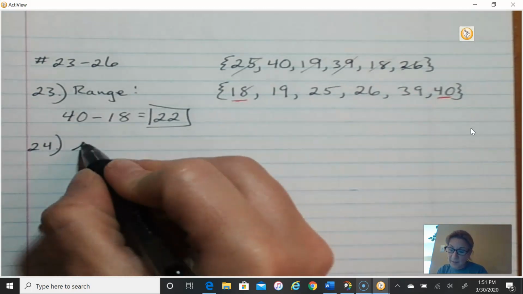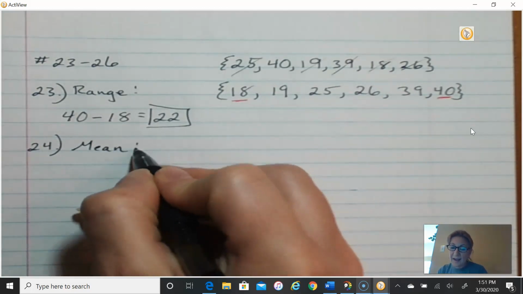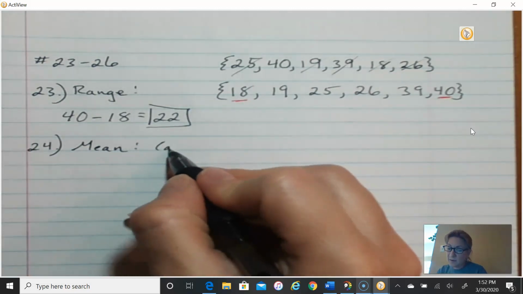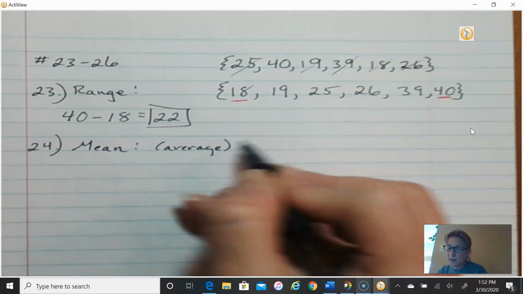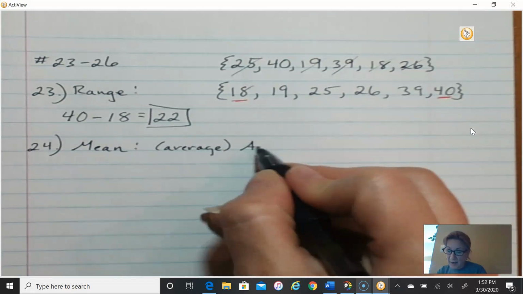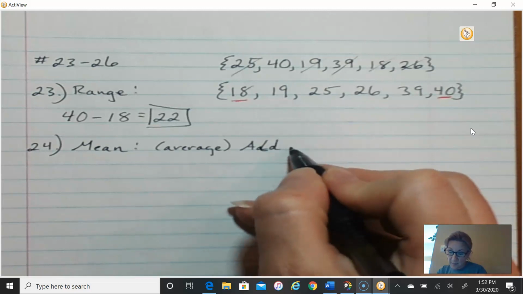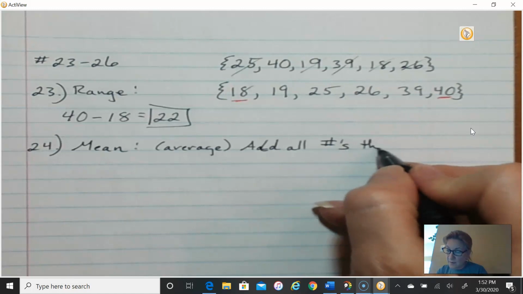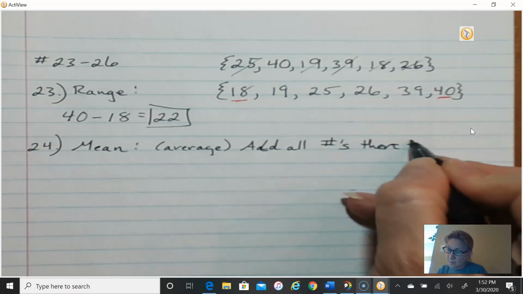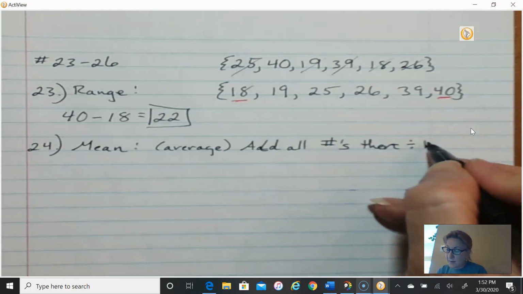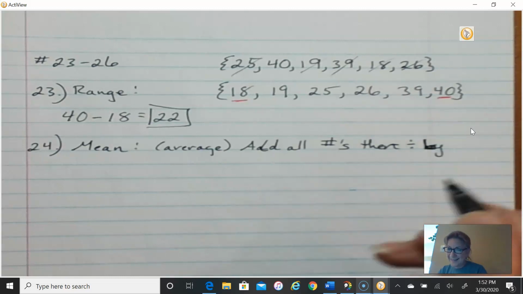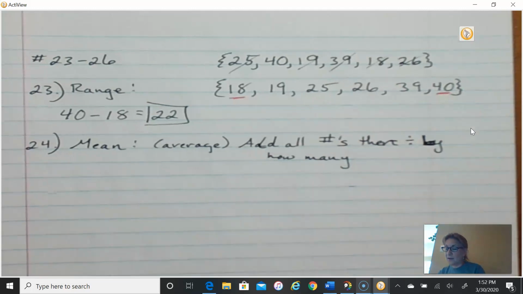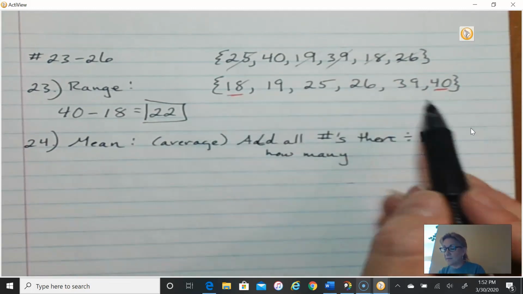24. Mean. Remember, that's your average. I'm going to write that again. That's the one a lot of kids mess up on. So we're going to add all numbers, then divide by how many? Okay, so let's add all this together.